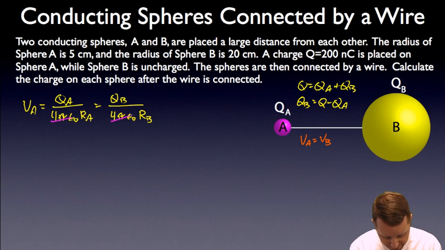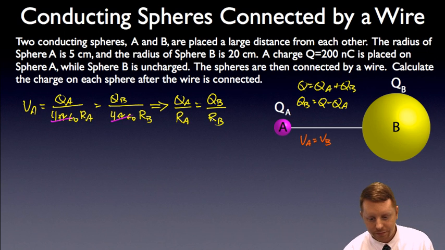All right, a couple simplifications we can make there. 4 pi epsilon naught we can divide out on both sides, and therefore state that QA over RA must equal QB over RB. All right, a little bit more rearrangement.